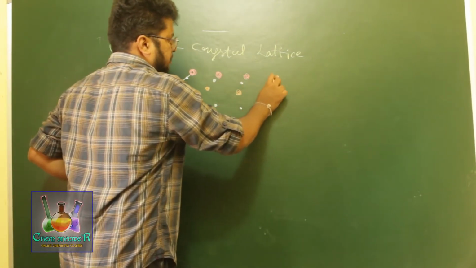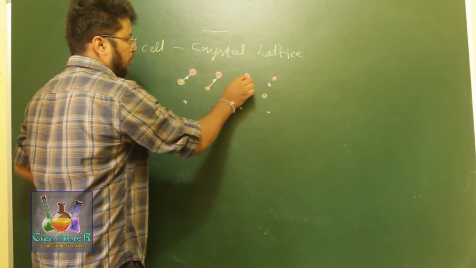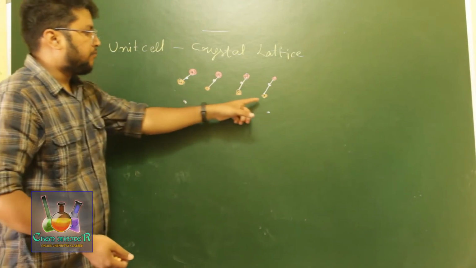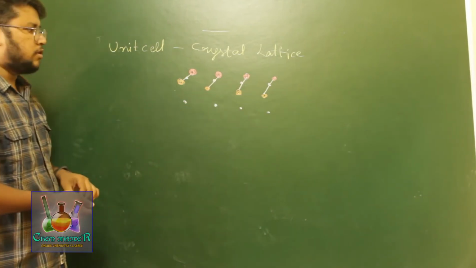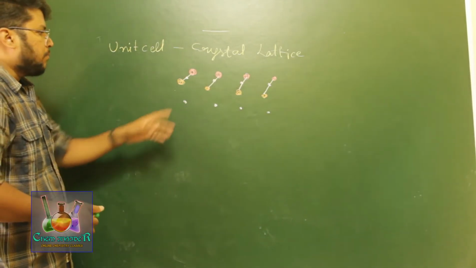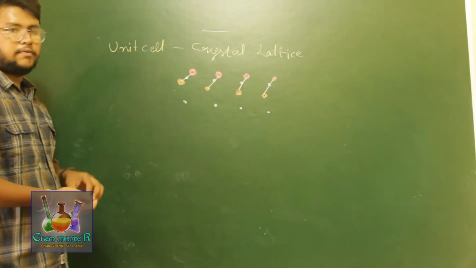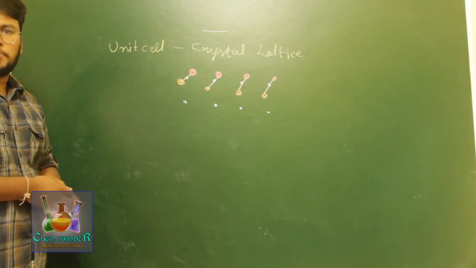Such as like this. If we bond them together, we can clearly say they have formed a kind of structure. So a motif or basis in a crystal lattice is the particular point at which the geometry of a crystal lattice can be defined.